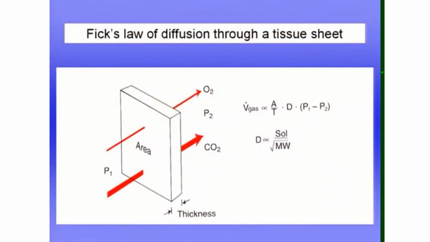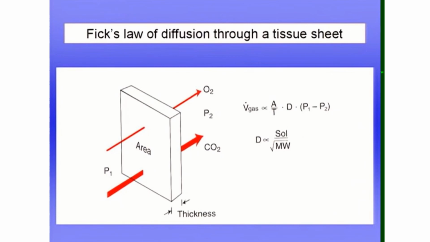But we now know that all gases cross the blood-gas barrier by passive diffusion, which brings us to Fick's law of diffusion, which we've already mentioned, but now we're going to look at in more detail. So Fick's law refers to the diffusion of gas through a tissue sheet.